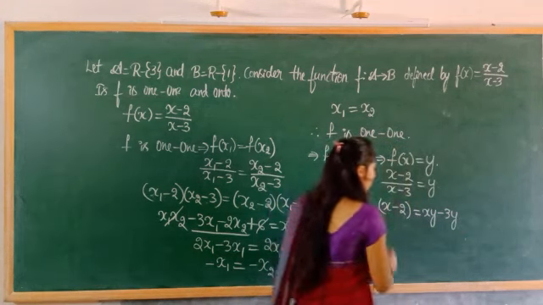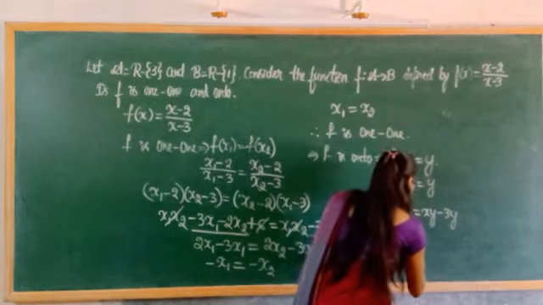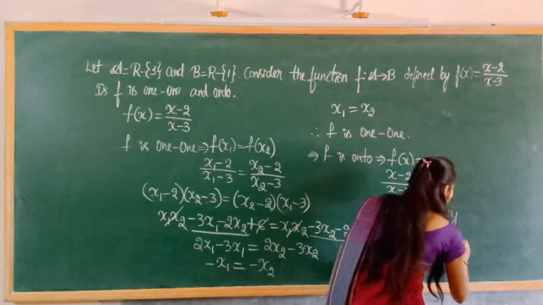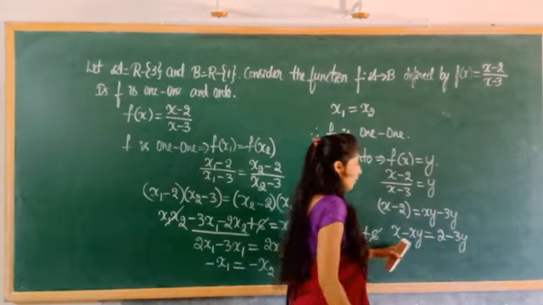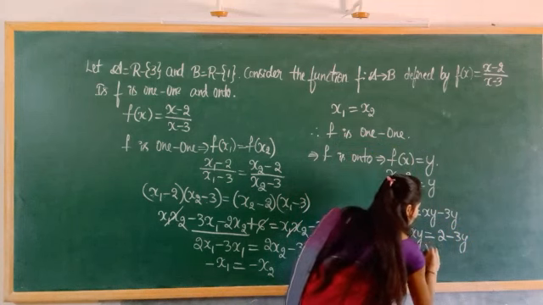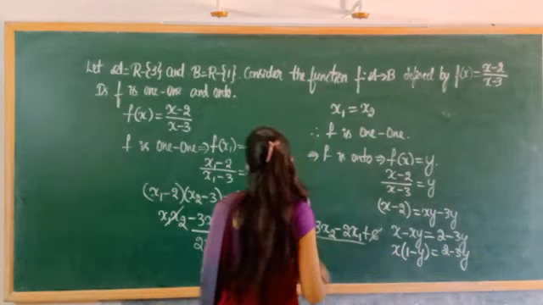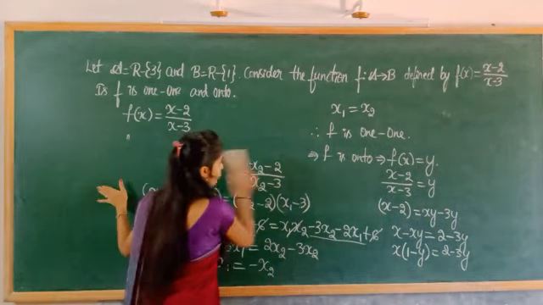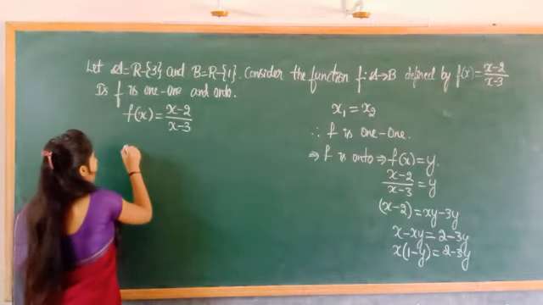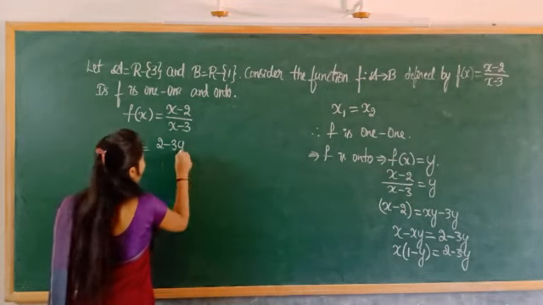I will take this xy to the LHS, then x minus xy is equal to 2 minus 3y. I will take x common, then x times 1 minus y is equal to 2 minus 3y. Here I will write x is equal to 2 minus 3y by 1 minus y.